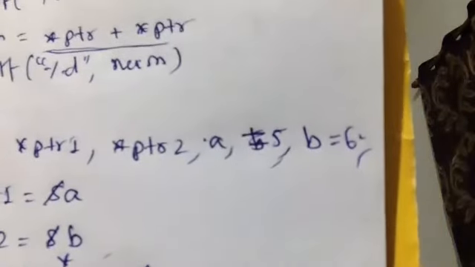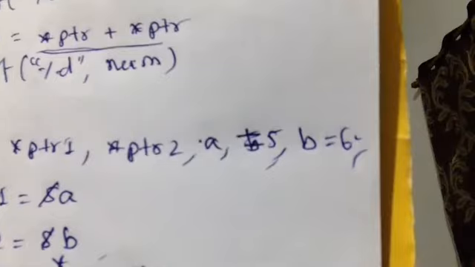A equal to 5, B equal to 6. We are looking for the addition of A and B.